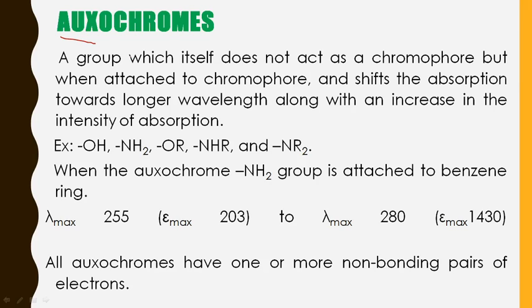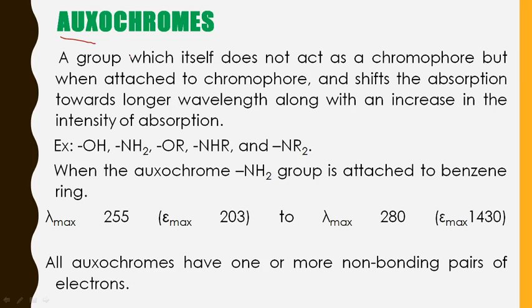Whenever it is attached to or interacts with the chromophore, it will intensify the color of the compound. Examples are the OH group, NH2, OR, NHR and NR2, that is dialkylamine. These are the common auxochromes.